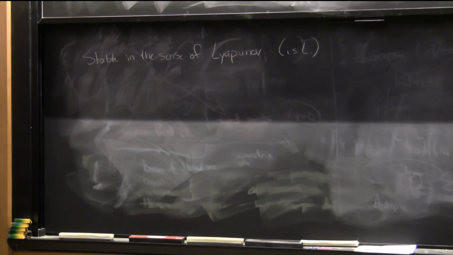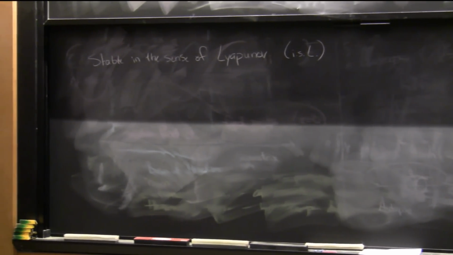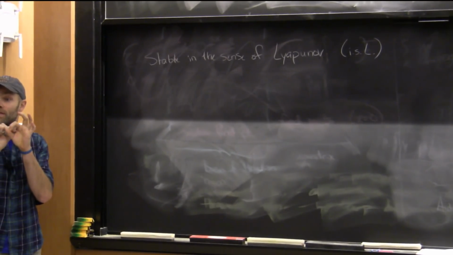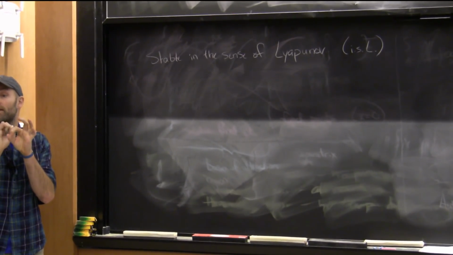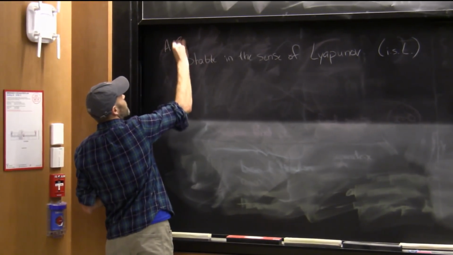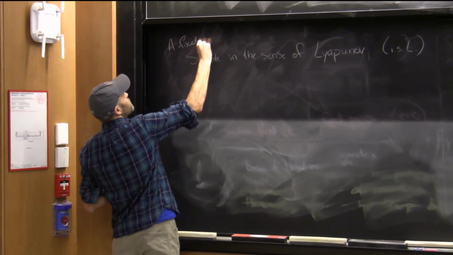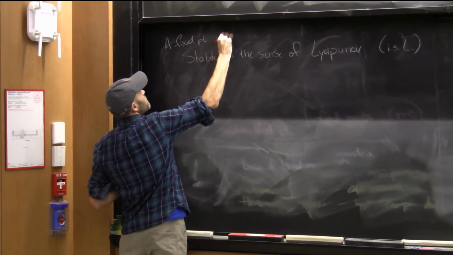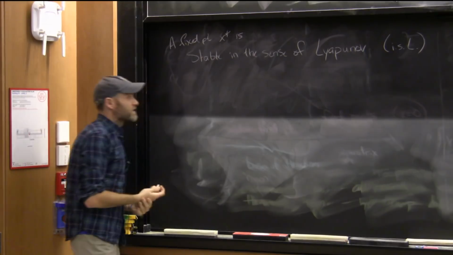And the idea there is that if I start near the fixed point, then I'll stay near the fixed point. So a fixed point x star is stable in the sense of Lyapunov.